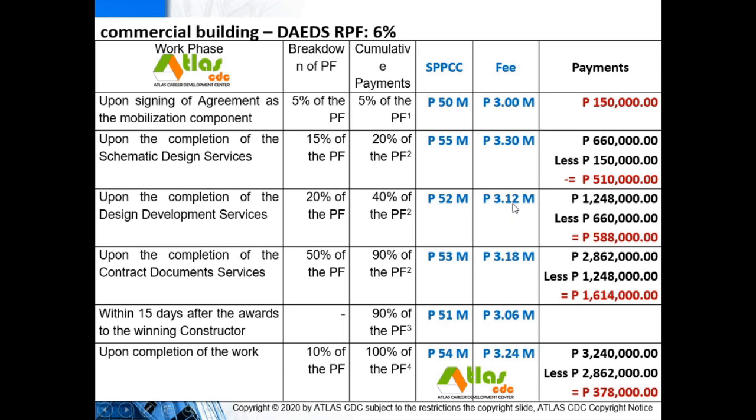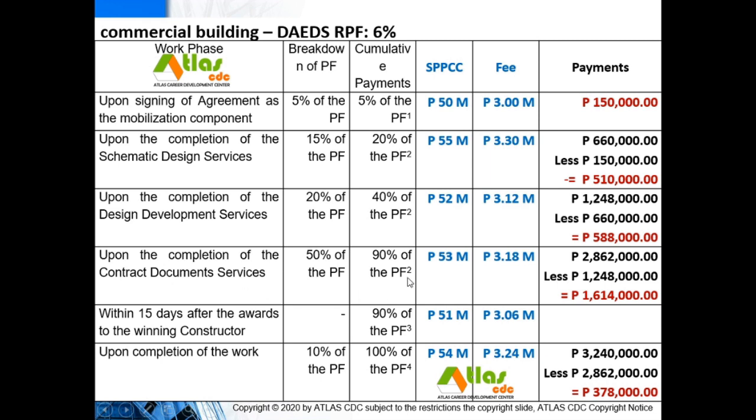Now, 40% of that is 1.248 million. Less the previous payments of 660,000 total, your receivable is 588,000.